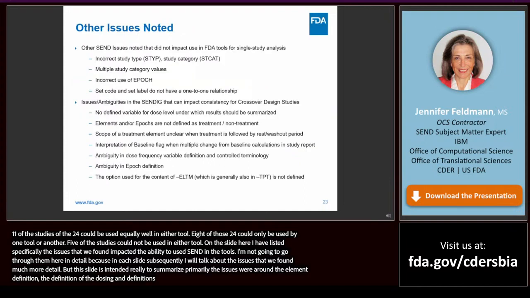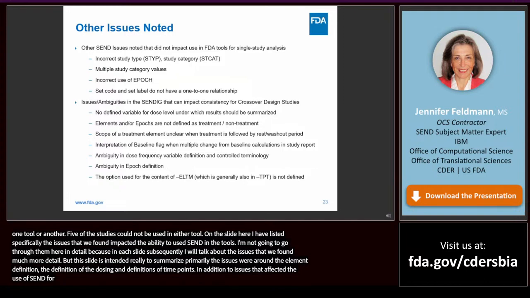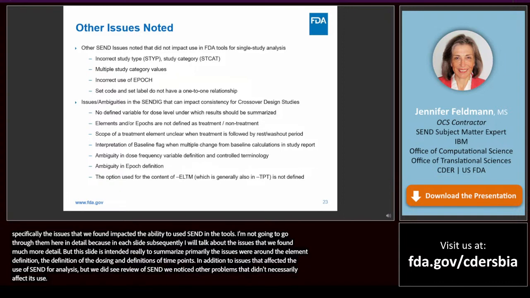In addition to issues that affected the use of SEND in the tools for analysis, when we did the review of SEND, we also noticed other problems that didn't necessarily affect its use. So SEND has lots and lots of variables, and not all are used in FDA tools for any part of the analysis, but are of course available for reviewing.